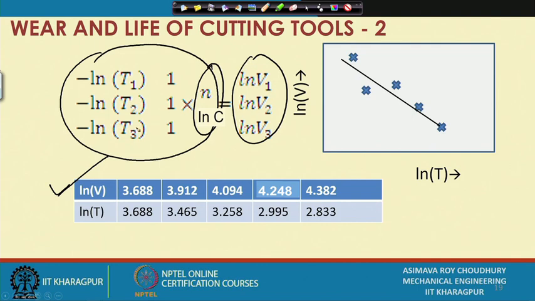Invert this matrix, that means only this one. First get its transpose multiplied on both sides, then inverse the transpose multiplied by this matrix, send it to the other side, and you can solve for n and c.